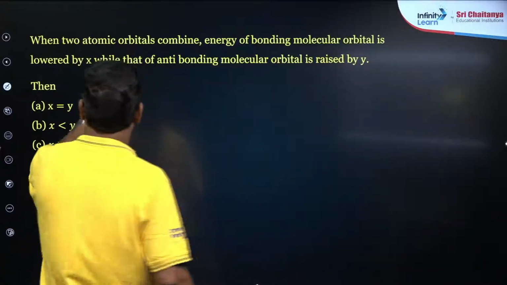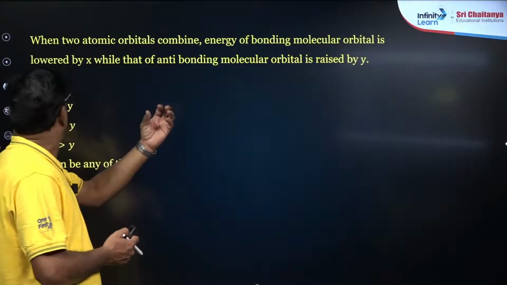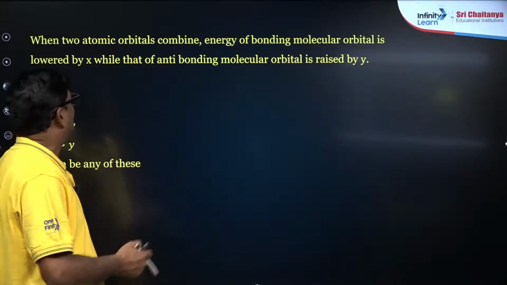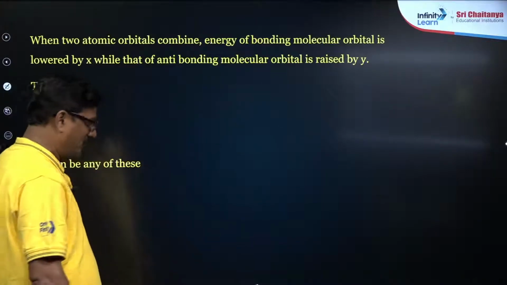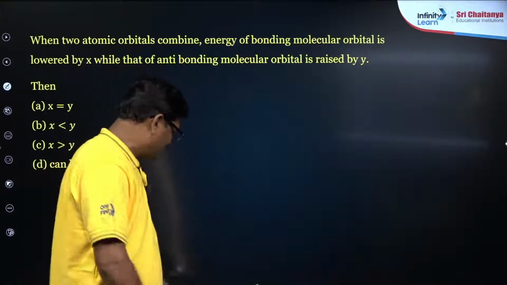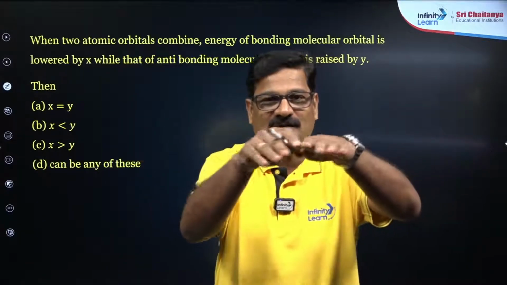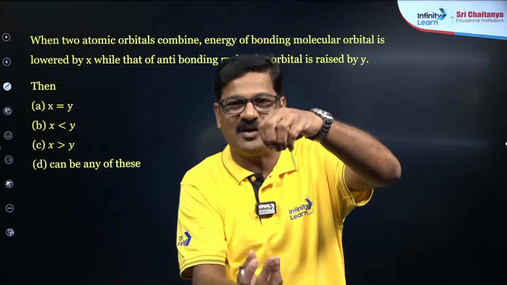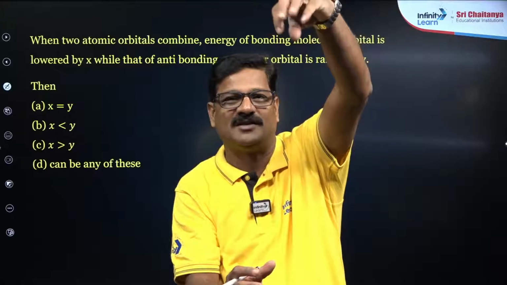When two atomic orbitals combine, the energy of the bonding orbital is lowered by x, while the anti-bonding molecular orbital is raised by y. So it is said that it is simple. According to LCAO, two atomic orbitals combine, forming a bonding molecular orbital with low energy and an anti-bonding orbital with high energy.